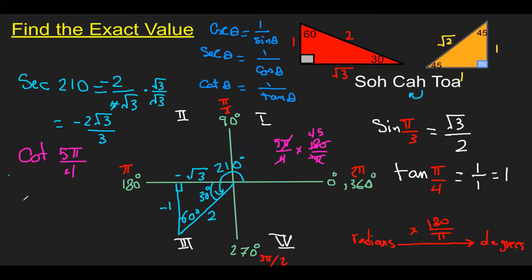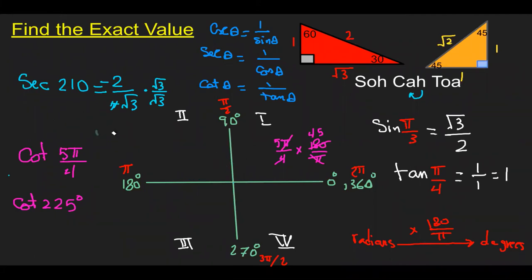So this basically becomes cotangent of 225 degrees. Now let me just do some erasing here. I'm just going to erase this because we finished with this already. So therefore we're doing cotangent 225. 225 happens to be here as well.